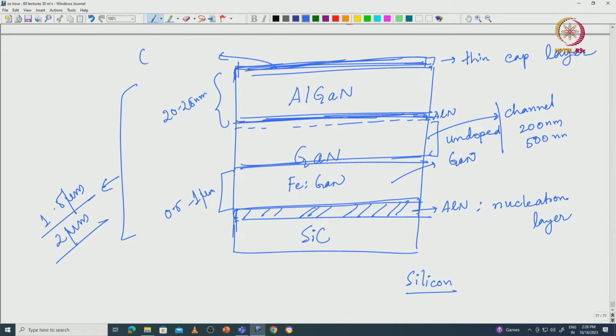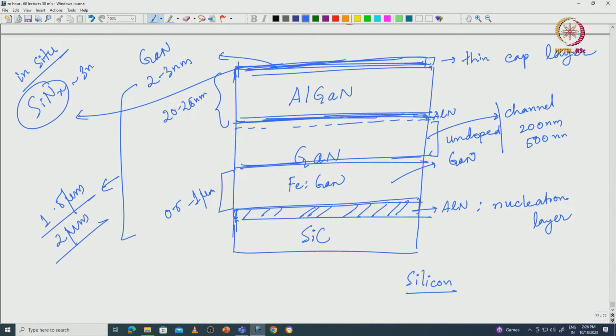The thin layer could be either a gallium nitride cap around 2 to 3 nanometer, okay, or it could be even silicon nitride. This silicon nitride is called in situ silicon nitride because it is grown inside the reactor, such as MOCVD or MBE, without breaking the vacuum. When you are growing the stack, at the end of the growth you also grow silicon nitride before taking the sample out from the vacuum system. So we call it in situ silicon nitride.